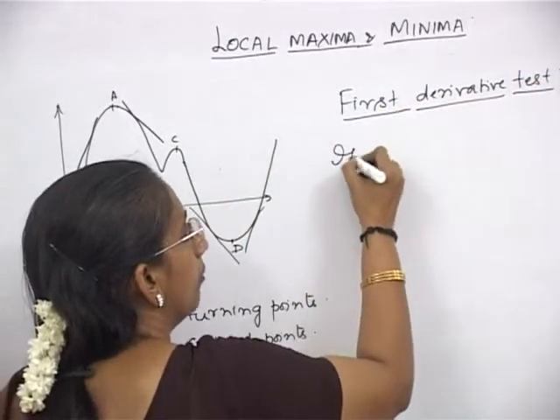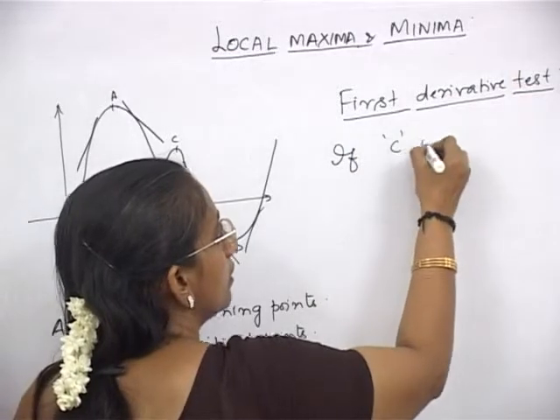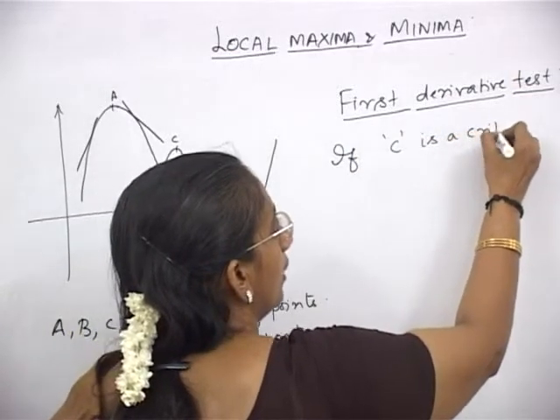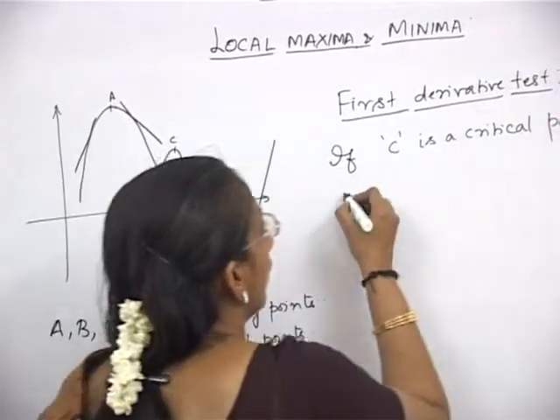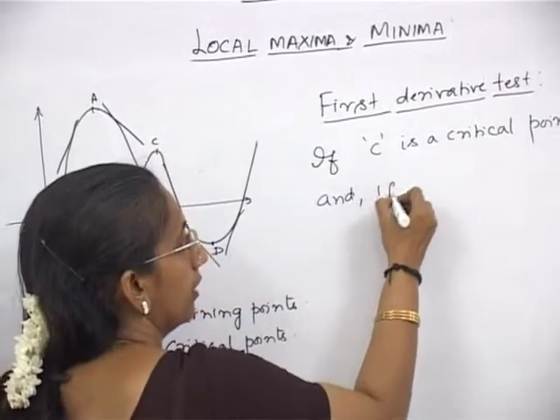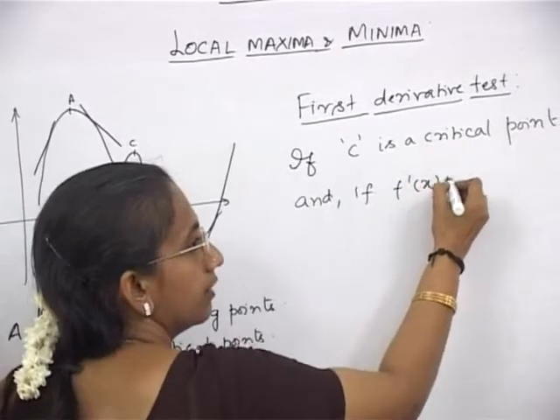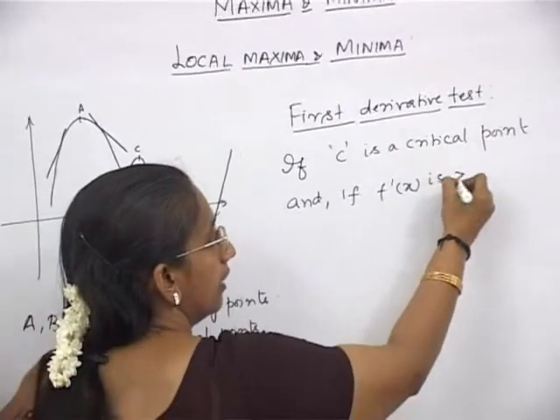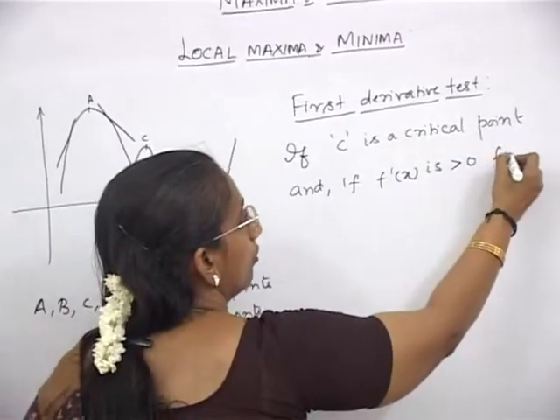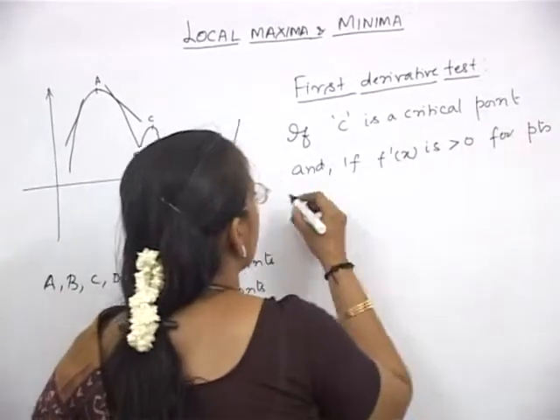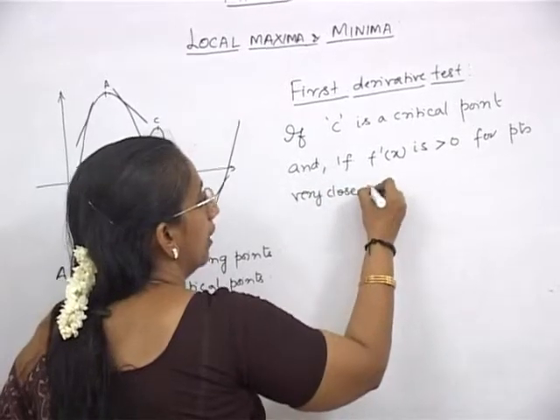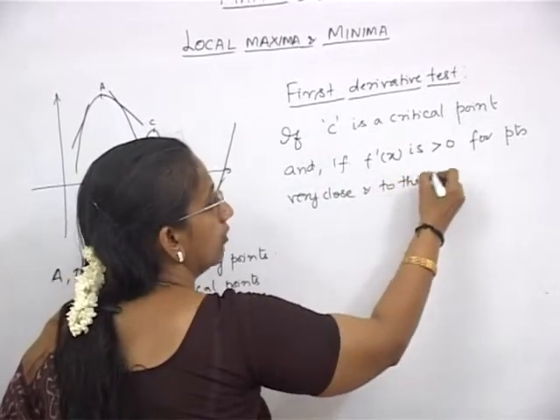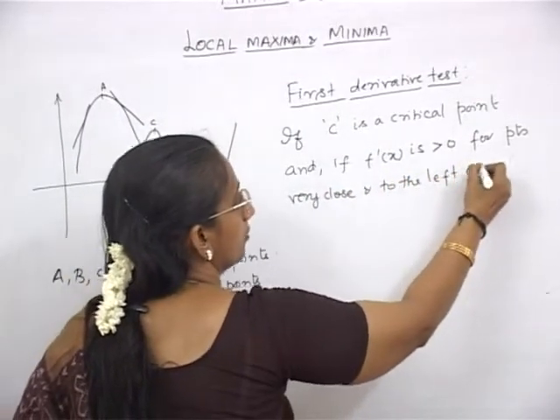Now what does it say? If C is a critical point and if f dash of x is greater than 0 for points very close and to the left of C, and f dash of x is less than 0 for points to the right of C, then C is a point of local maximum.